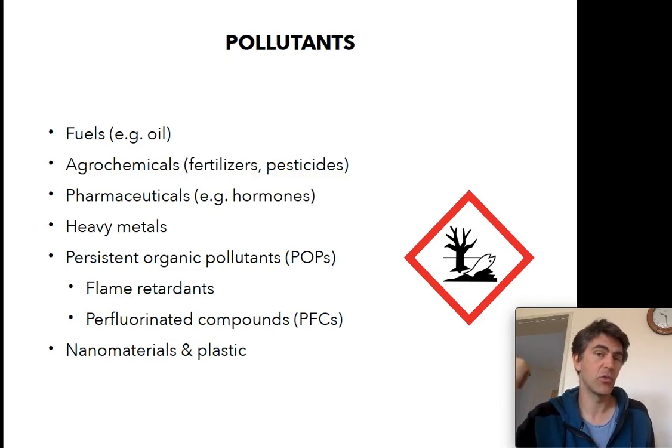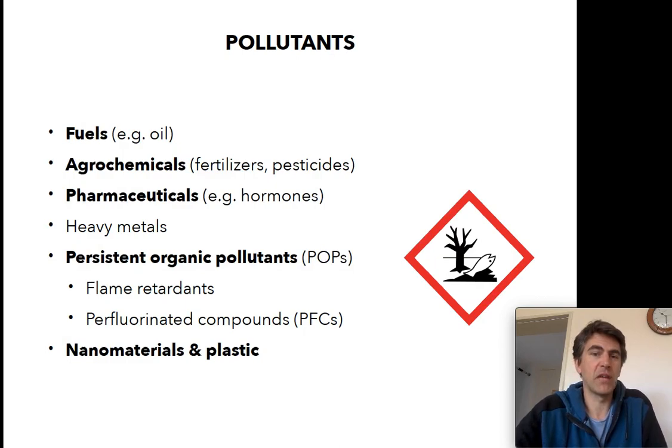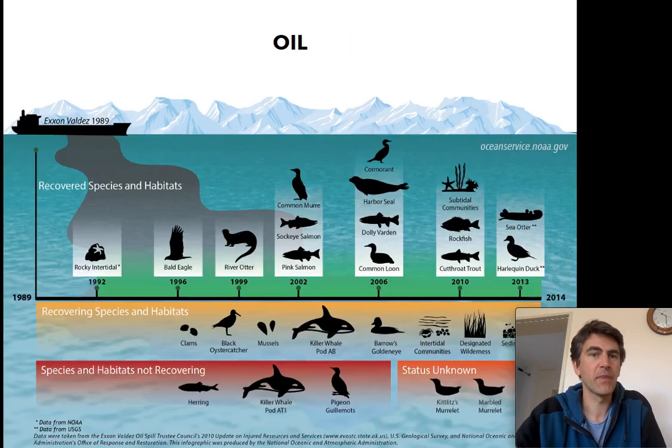And as you probably know, those of you taking chemistry classes, we have people here in the faculty who are interested in pharmaceutical pollution in the environment and especially in water. This is a very important issue that also affects biodiversity, as I'll show in a few slides. Heavy metals, persistent organic pollutants, and also nanomaterials and plastics. So some of these I will talk a little bit about on the following few slides.